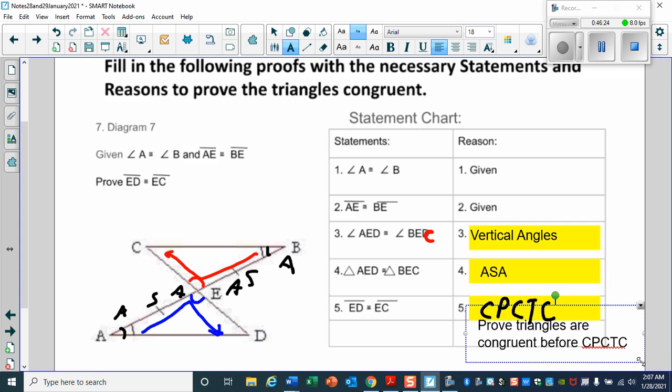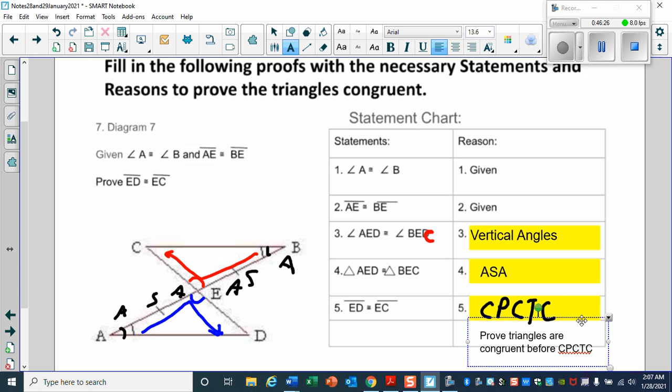So we're going to say that again and again. So again, first, prove triangles are congruent before using CPCTC.